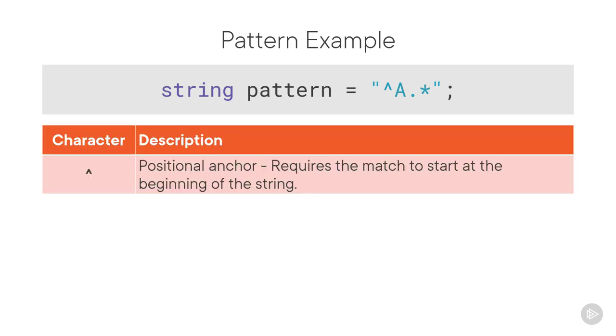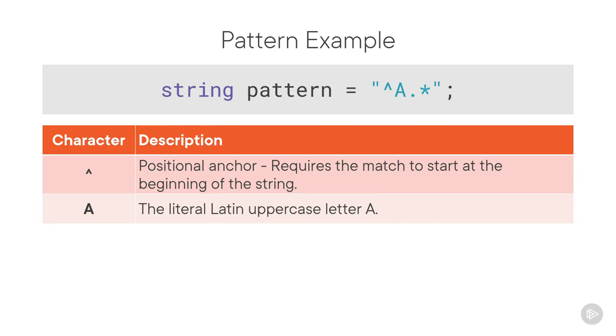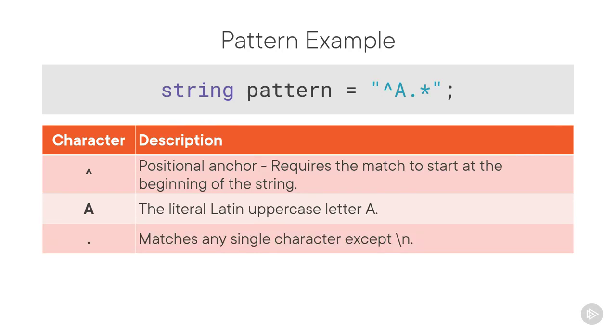At the start of the pattern, the caret metacharacter signals that we require the match to begin immediately at the start of the string and not just randomly somewhere within the source string. The literal uppercase character A must appear immediately at the start of our string. The period metacharacter will then match any character except for line terminators.